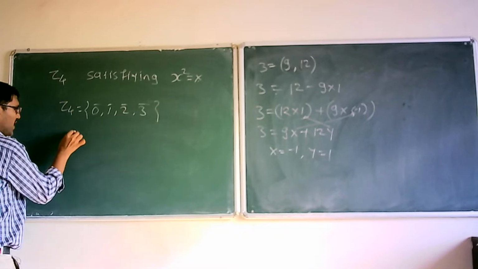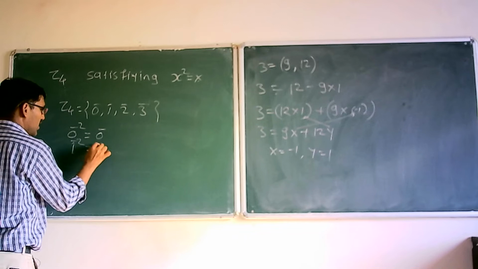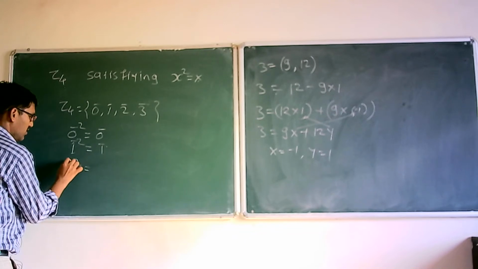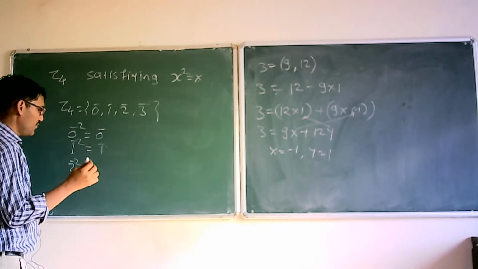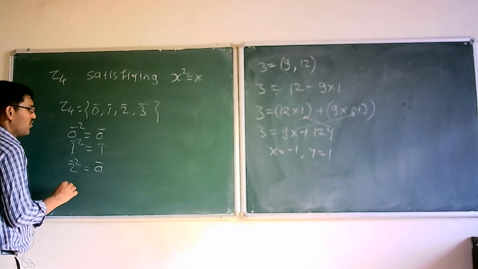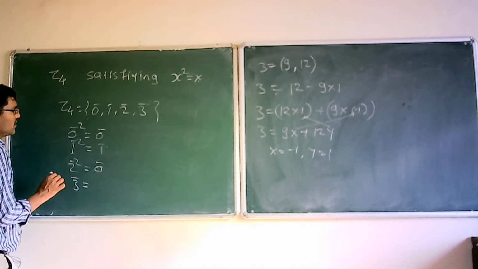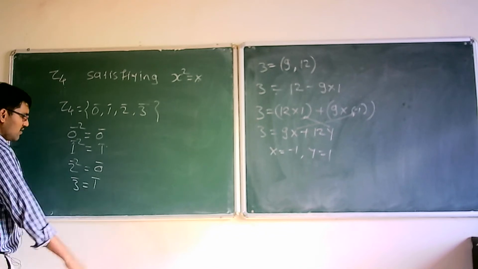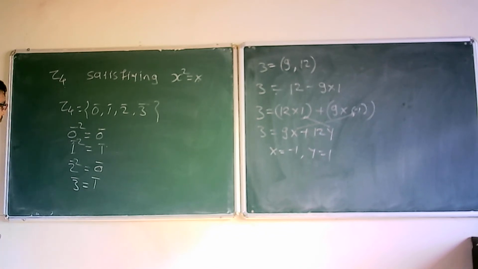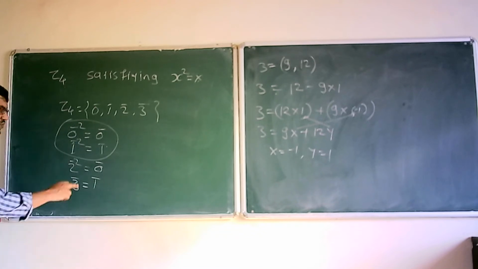What is 0 bar square? 0 bar. 1 bar square is 1 bar. 2 bar square is 4 bar, and 4 bar is 0 bar. And 3 bar square is 9 bar, and 9 bar modulo 4 is 1 bar. So there are only 2 elements satisfying x bar square is equal to x bar.